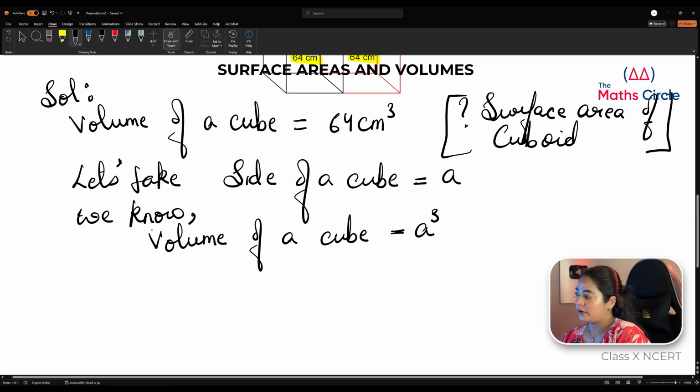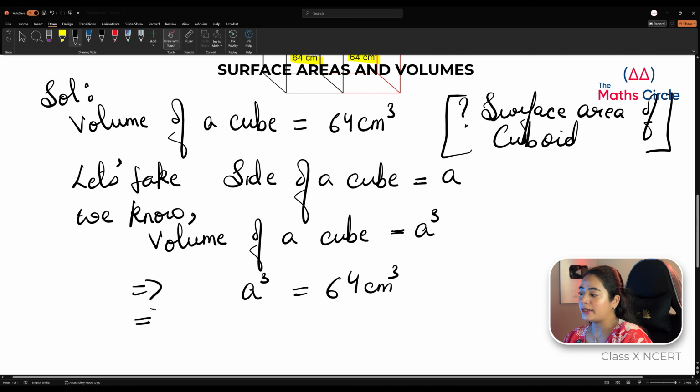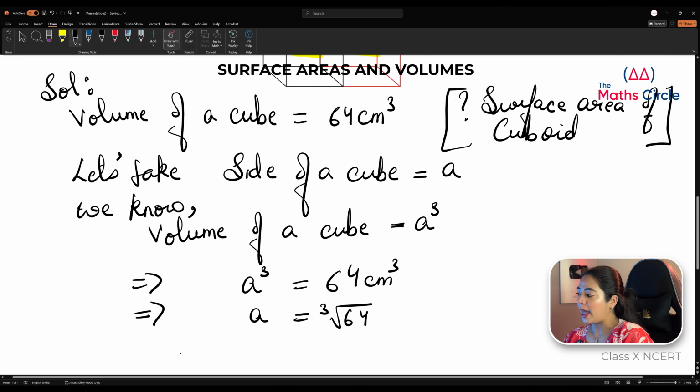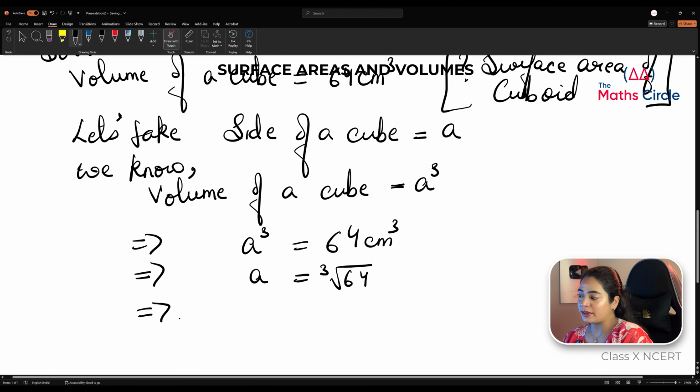Now, we get A cube equal 64 centimeter cube. This implies A should be cube root of 64, and we know that this gives us the value of 4.